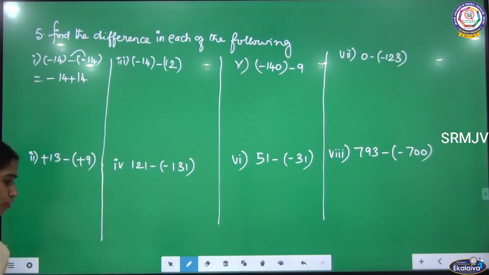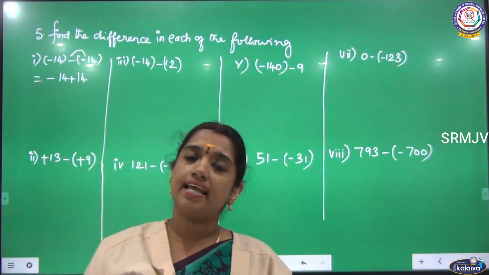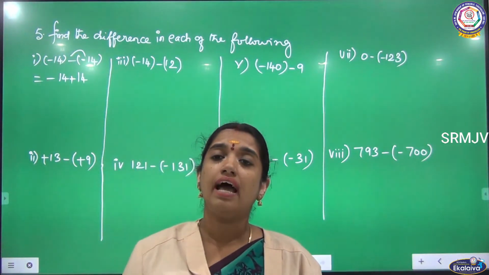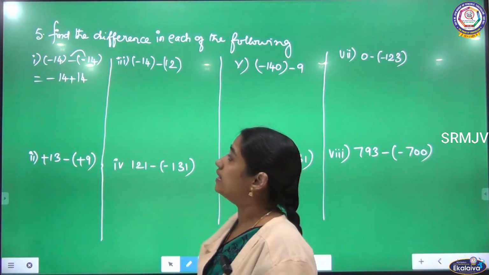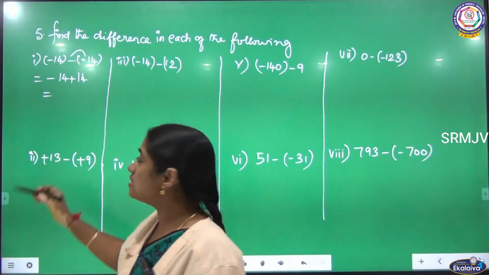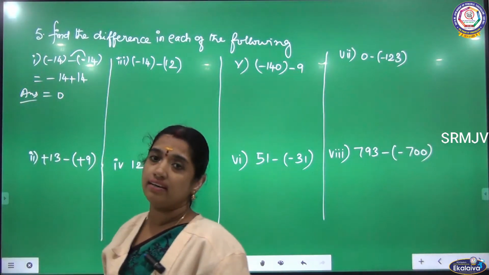I said that 4 minus 4 is 0, 5 minus 5 is 0, 8 minus 8 is 0, 1000 minus 1000 is 0. Any number subtracted from the same number gives 0. So minus 14 plus 14 is 0. Can you understand this, children?